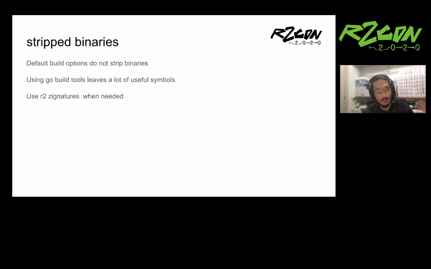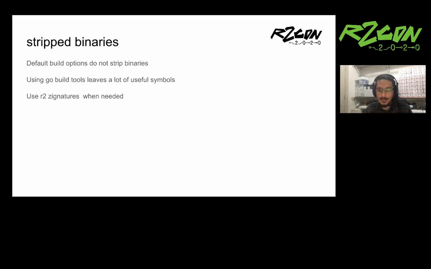So a quick note on working with stripped binaries, Go binaries, of course. The default build options, as I mentioned, do not strip dynamic symbols. Google build tools are not great at stripping binaries, so they leave a lot of useful symbols in the binaries.